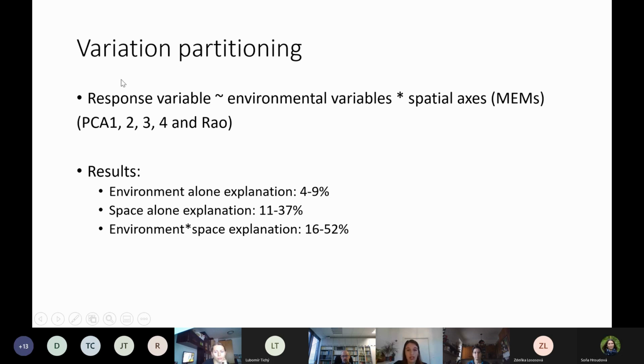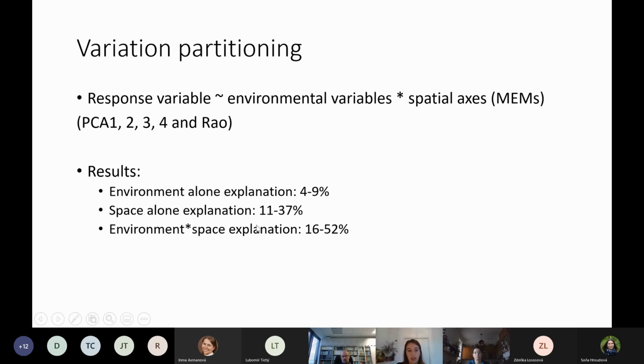So again, for accounting for spatial variability, we ran a variation partitioning, where we wanted to know how much of the variation was given by the spatial component. Here we use the spatial axes that we selected before, and we enter all the environmental variables that were selected for each response.